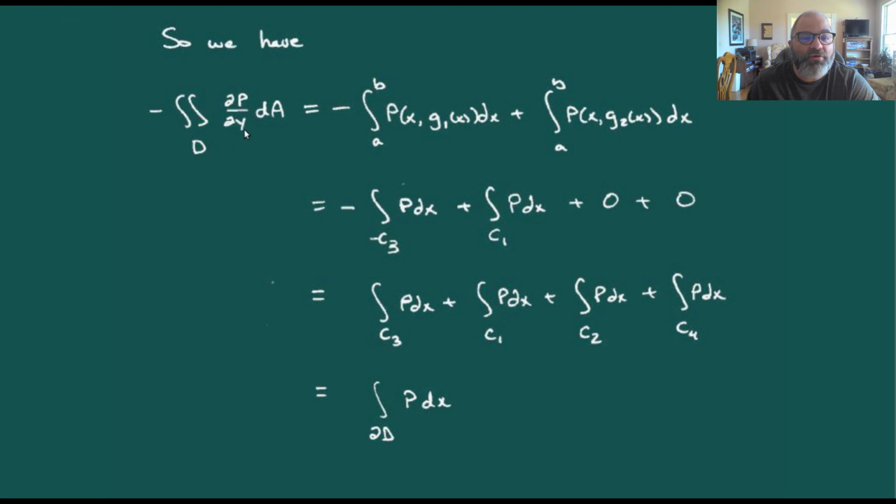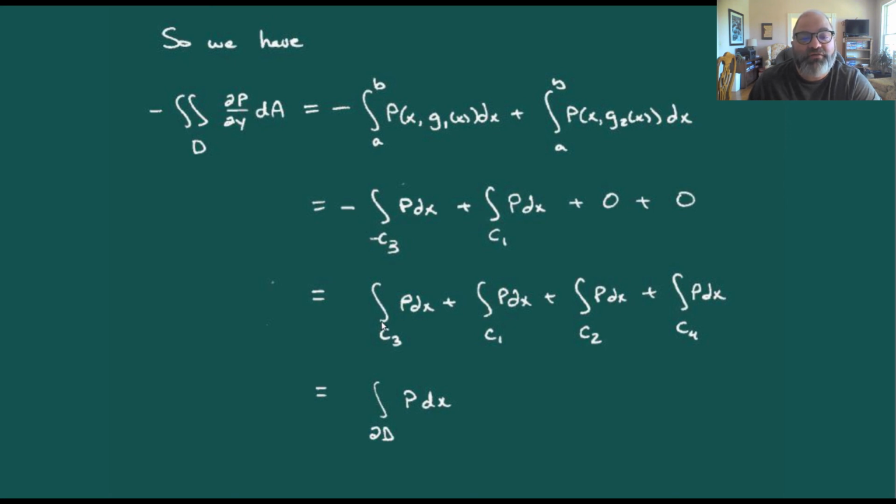And so what ends up happening, going back to the beginning, is that for the negative of our double integral of the partial of P with respect to y, we had this expression, and we separated it out. This first integral became the reversed-orientation line integral for our top.